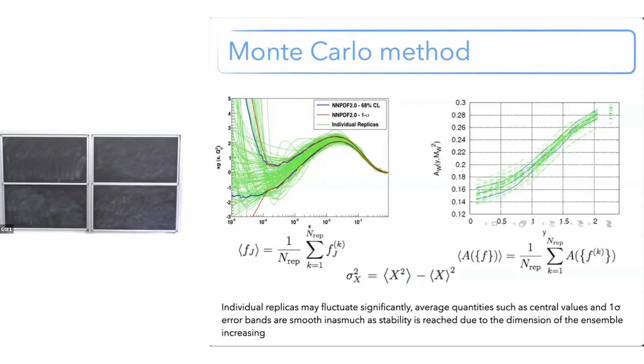And if you ask me for the central value for the W asymmetry, I take the 100 predictions that I have for my 100 replicas, and I take the average, and I take the variance, then I can give you all the statistics about the uncertainty that depends on the PDFs, okay? So I give you the full probability density, which means that this gives you whatever you want, okay?